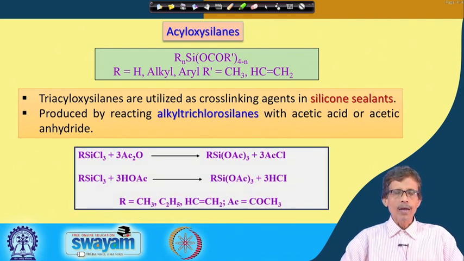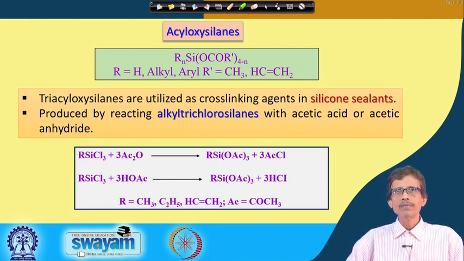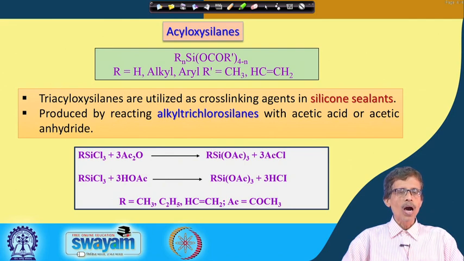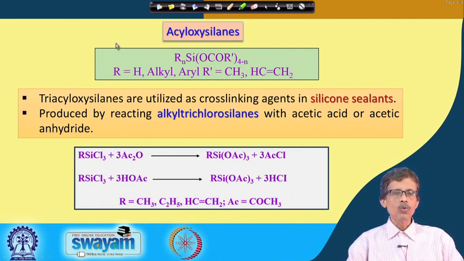So, the reactions are very simple and very straight cut ones. Only thing is that for the production of acyloxysilanes, we have to use RSiCl3, which is nothing but methyl trichlorosilane. So, in both the two cases, what we get? We get the corresponding one where you have 4 minus n value equal to 3, that means n value equal to 1. That means R will be only 1. So, one alkyl group will be attached to the silicon center, and silicon will have 4 bonds, which is a tetrahedral center.